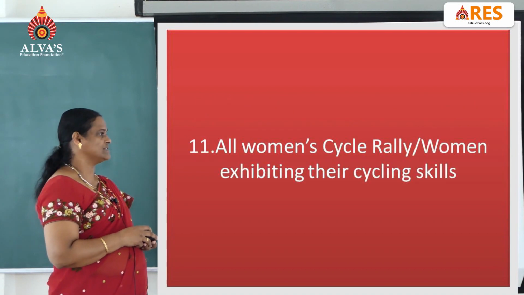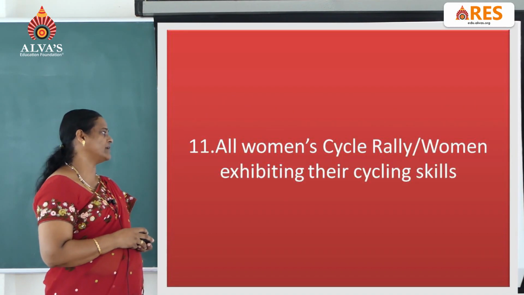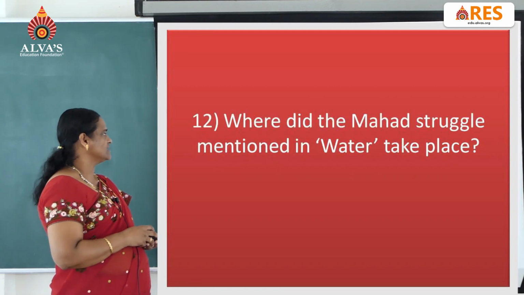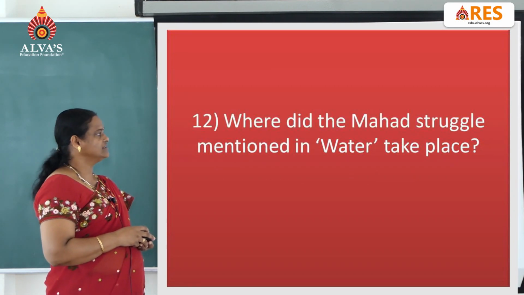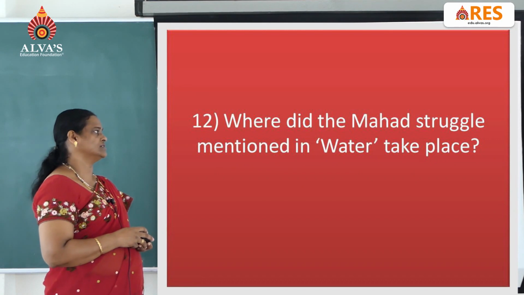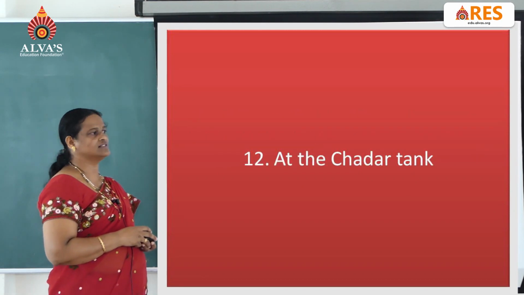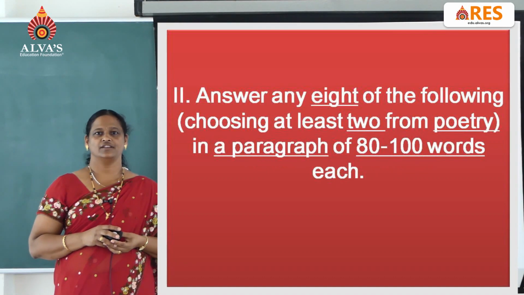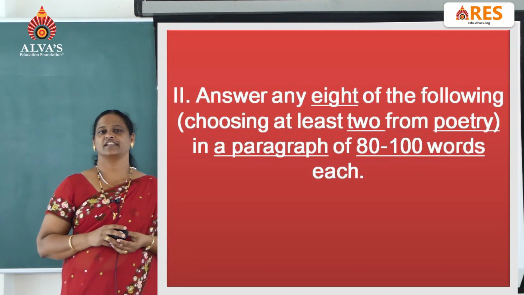That is all women cycle rally, or you can write women exhibiting their cycling skills. The last question in the section. Where did the Mahad struggle mentioned in water take place? At the Chadar tank.